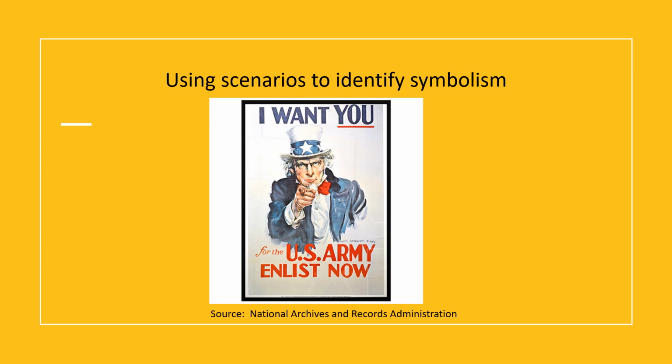The colors that this person is wearing are red, white, and blue, and red, white, and blue are the colors of the American flag. The American flag also includes stars on it. There is one star representing each state, and each white star is on a background of blue.